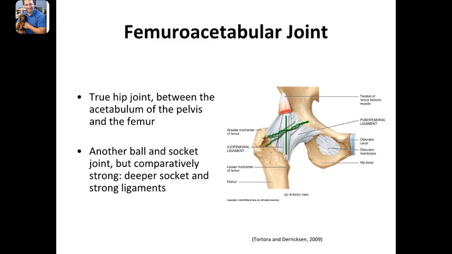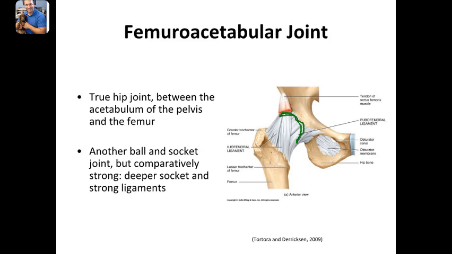It's also a ball and socket joint, like the shoulder joint, but it's got a deeper socket. The acetabulum of the pelvis is deeper, so it tends to be stronger. You're not going to find people fracturing their hip too often, unless in the event of car accidents. However, there is a lot of hip degeneration, osteoarthritis, which also affects the knee.